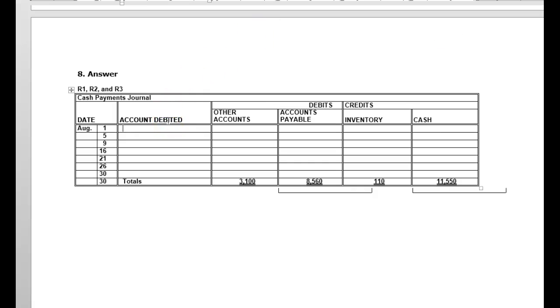Okay? The very first one, I'll get you started on this. The very first one is to Raven Associates. So you would type in Raven here. You would look at the amount. We're not doing anything with terms here right now. So we paid $490 in cash.